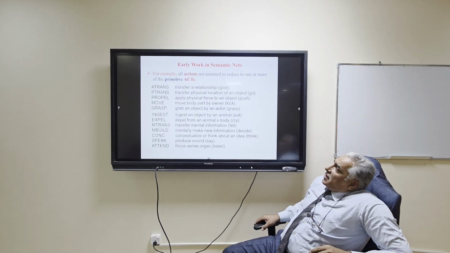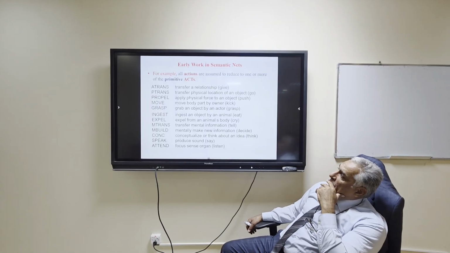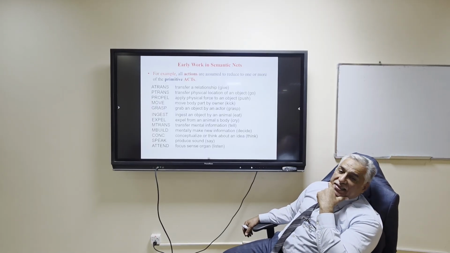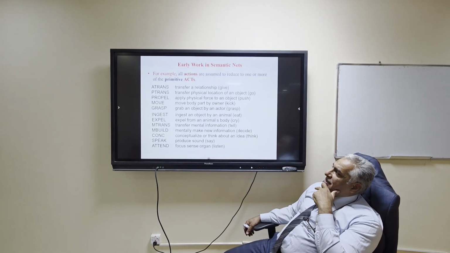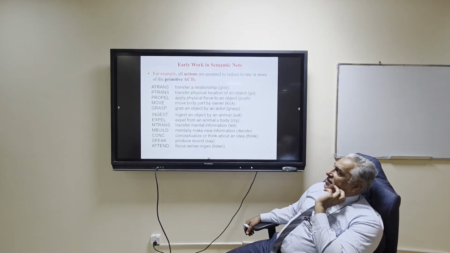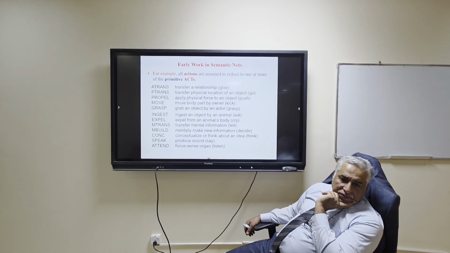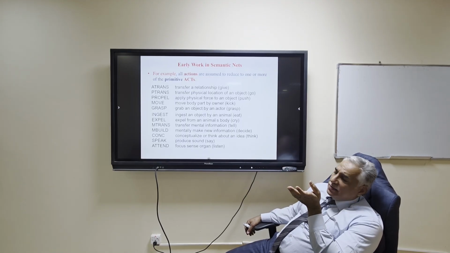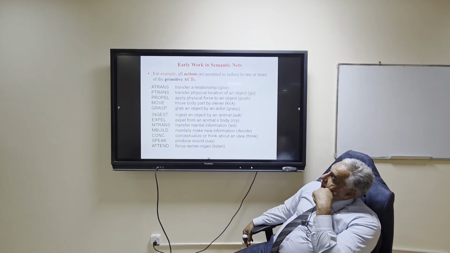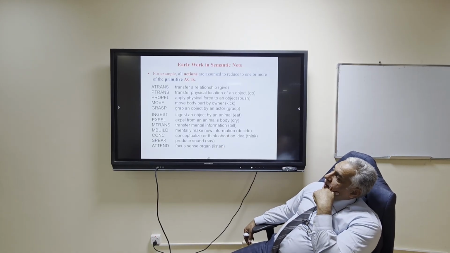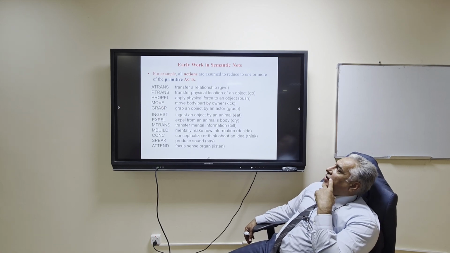For example, all the actions are assumed to reduce to one or more of the primitive ACTs. For example, ATRANS is used for transfer relationships, for example, give. And the primitive PTRANS, transfer of the physical location of an object.